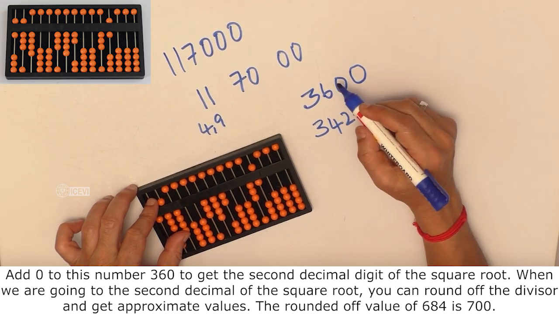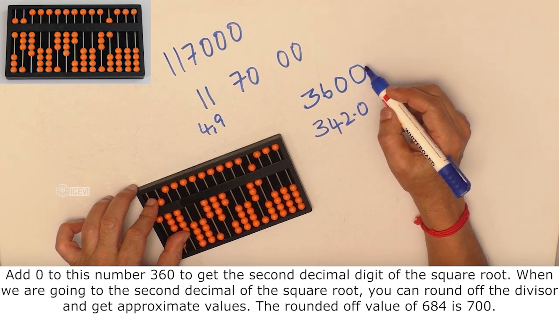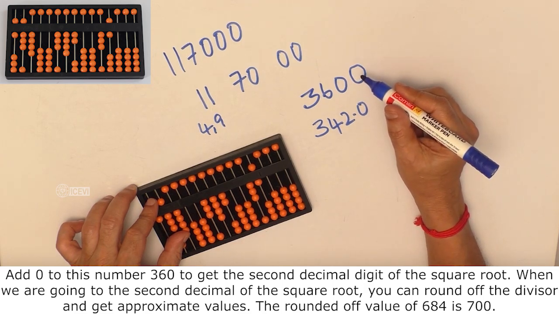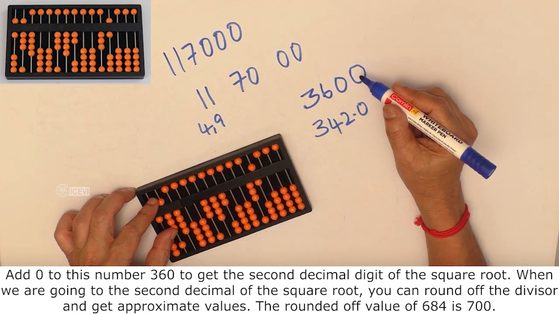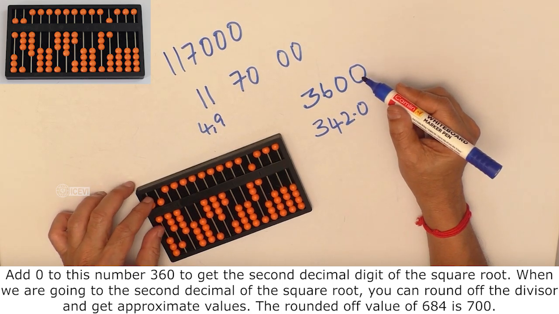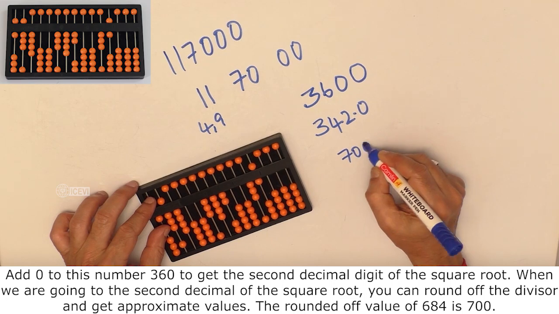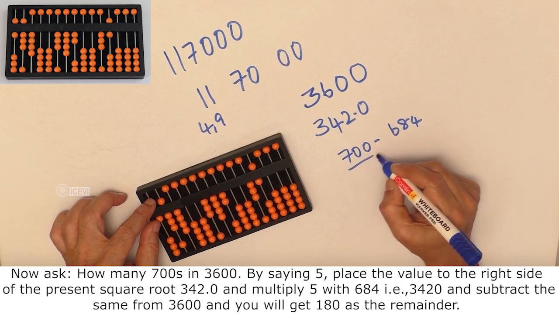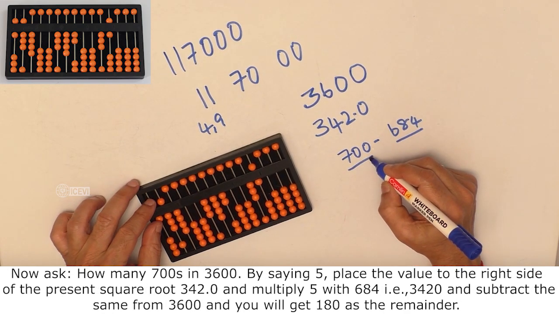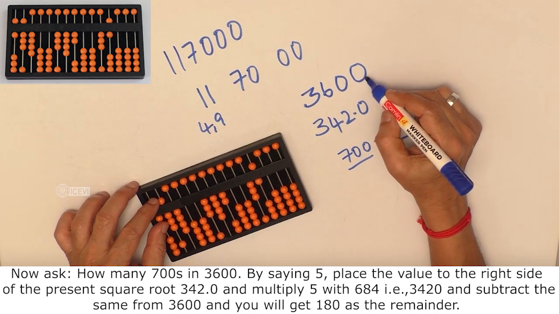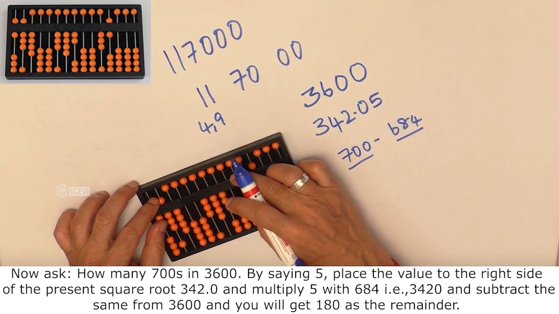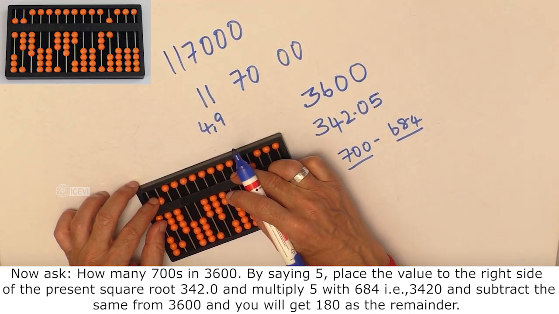Add 0 to the number 360 and get the second decimal digit of the square root. When we are going to the second decimal digit of the square root, you can round off the divisor and get approximate values. Now, the rounded off number to the divisor is 700, as 700 is closer to 684. Now ask how many 700s in 3600. By saying 5, you place the value to the right side of the existing square root 342.0.